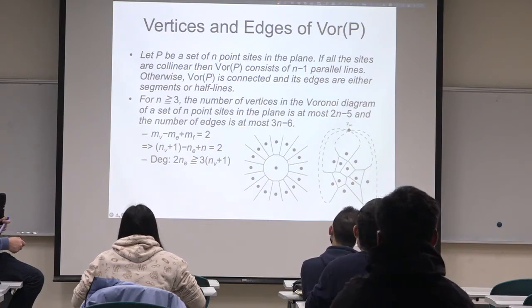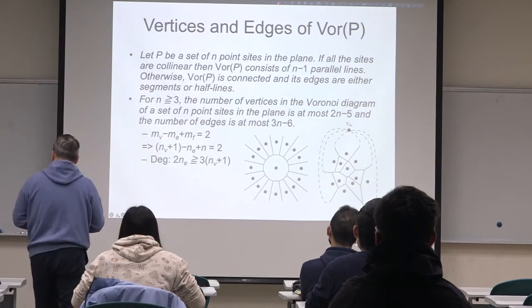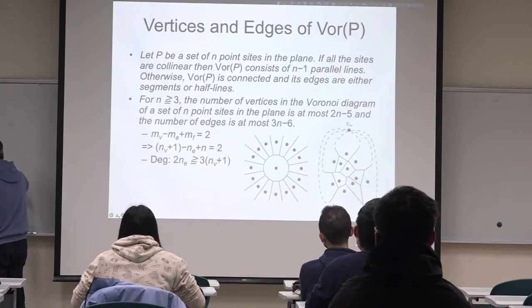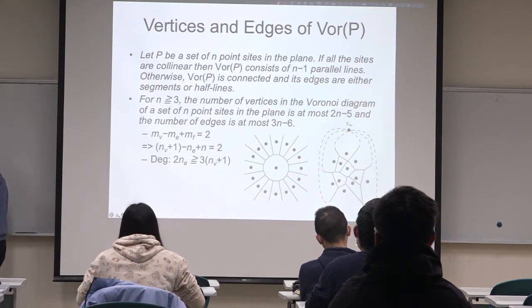If all the sites are collinear, then your Voronoi diagram will consist of n minus one parallel lines, something like this. I mean, if all the sites are located on one line, for example, we have this P1, P2, right?